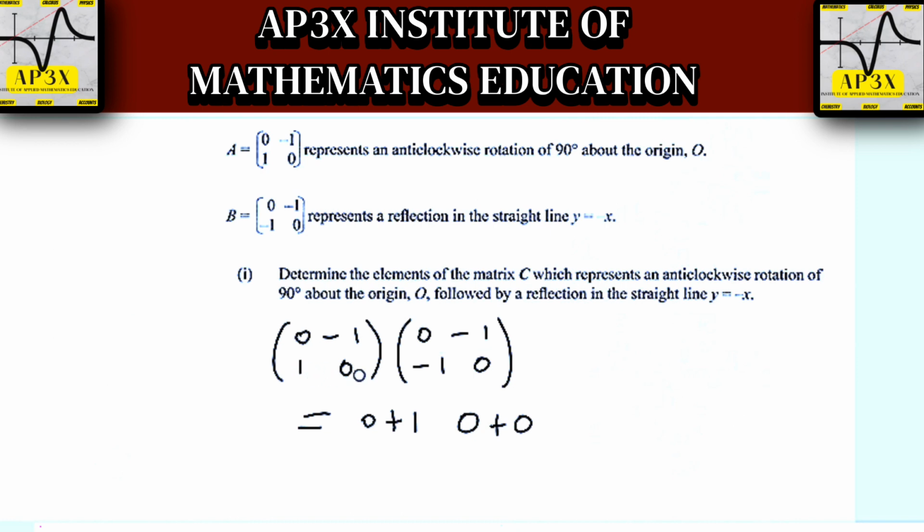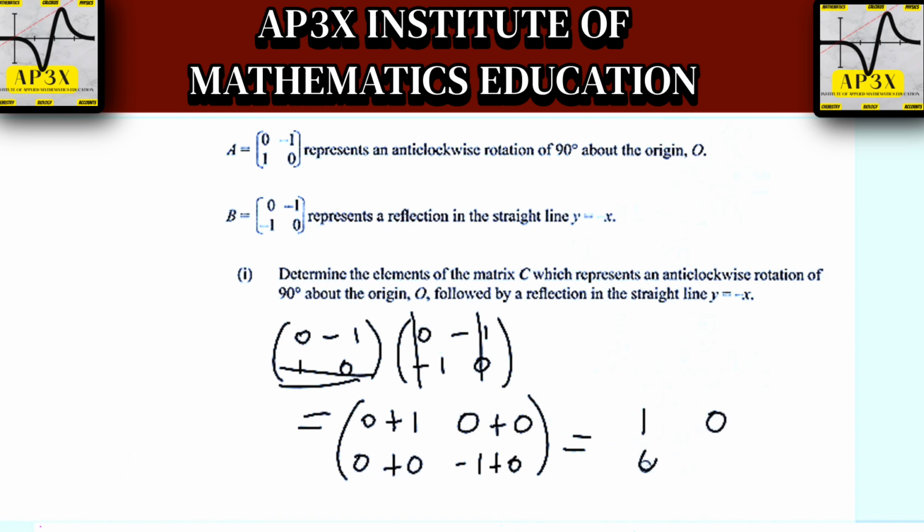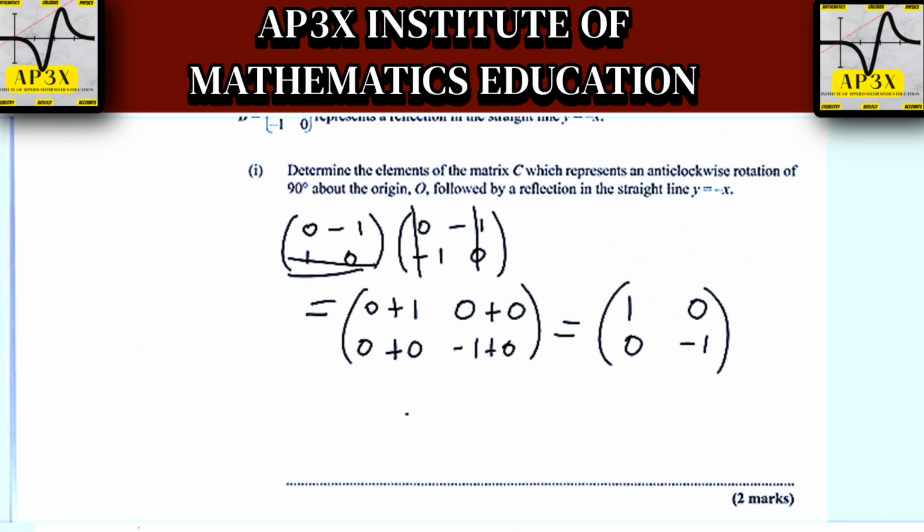Now we go to the second row. So that's row 2 with column 1: 1 times 0 is 0, and 0 times -1 is again 0. And finally, row 2 with column 2: 1 times -1 is -1, and 0 times 0 is 0. And so 0 plus 1 is 1, 0 plus 0 is 0, 0 plus 0 is 0, and -1 plus 0 is -1. So this is the matrix that we're looking for, the combined matrix.